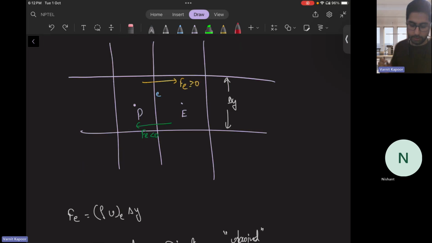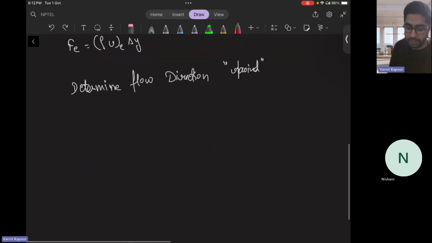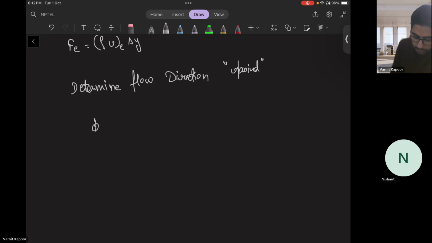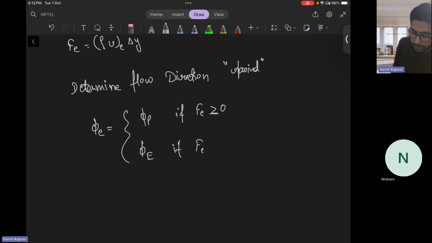So we can say that phi at the east face will be phi P if FE is greater than or equal to 0, left to right flow. Otherwise, it will be phi of the east node if FE is less than 0.